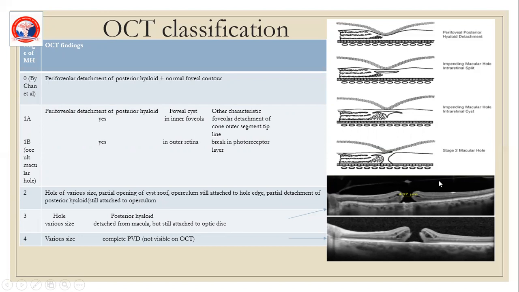Okay, presence of a posterior hyaloid detachment along with findings of stage 1A and stage 2 is considered a stage 3 macular hole, while stage 4 macular hole is entirely different from the rest of the stages, as these macular holes can be of variable sizes. However, these patients will have a complete posterior vitreous detachment, which cannot be seen in the optical coherence tomography.